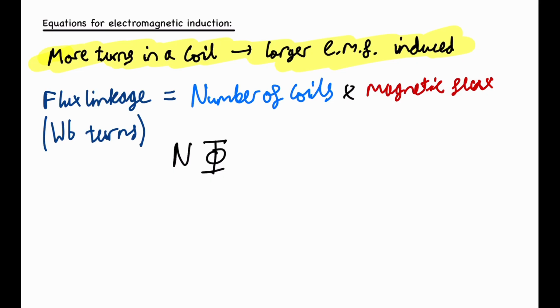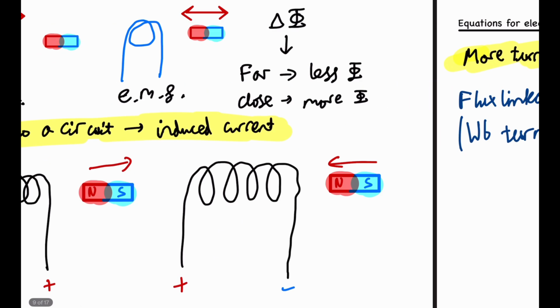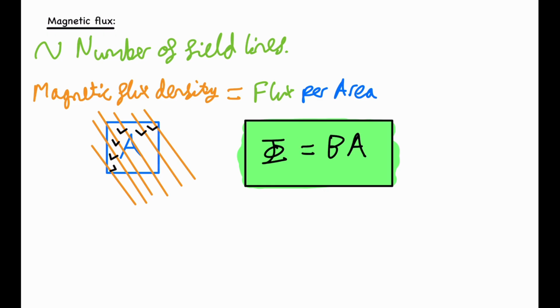And this altogether would be your flux linkage, and this will be equal to the magnetic flux density times the area of the coil times the number of coils. As you can see, the N is on both sides, and this equation just comes from the one we found before, which was phi is equal to BA.